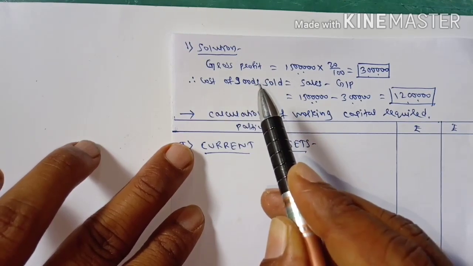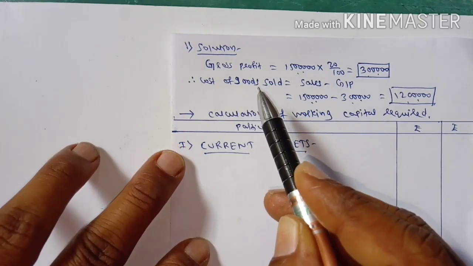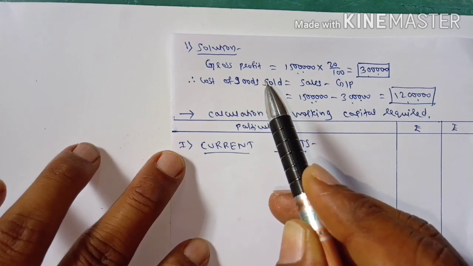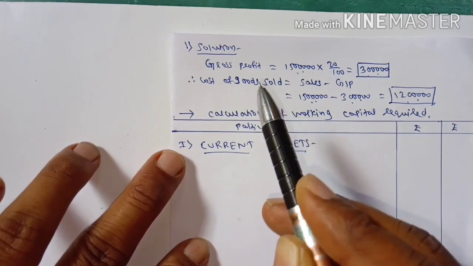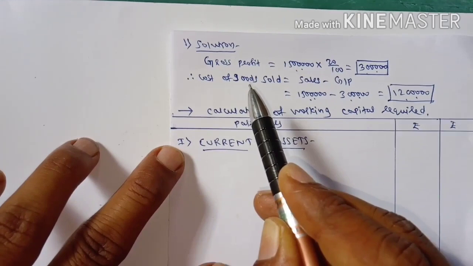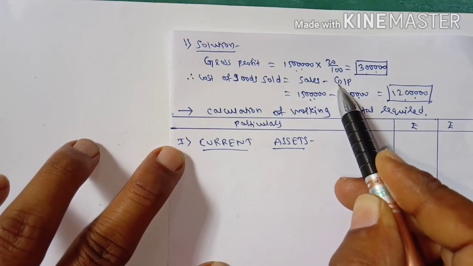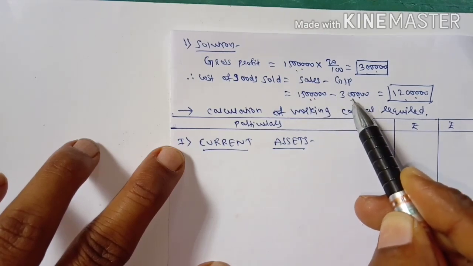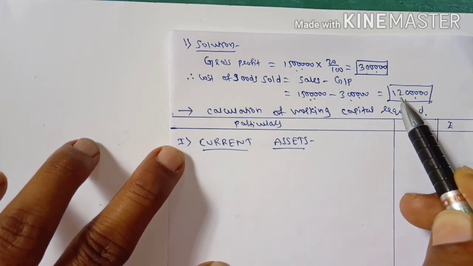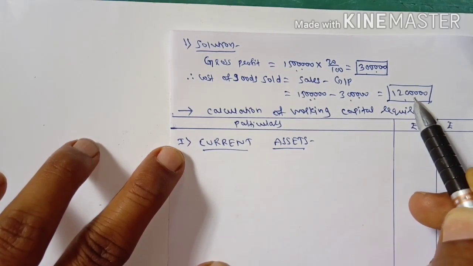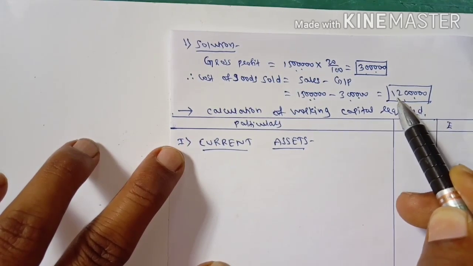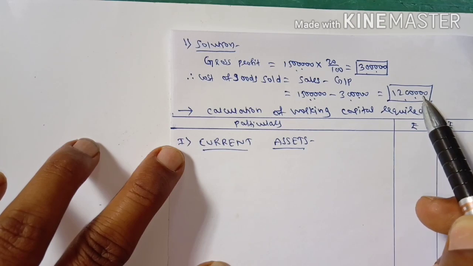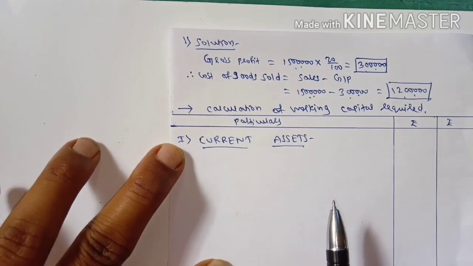Because debtors and finished goods are calculated at cost. So sales minus gross profit. Sales is 15 lakh, gross profit is 3 lakh. So cost of sales is 12 lakh. So 12 lakh is used for calculation of debtors and for calculation of finished goods.